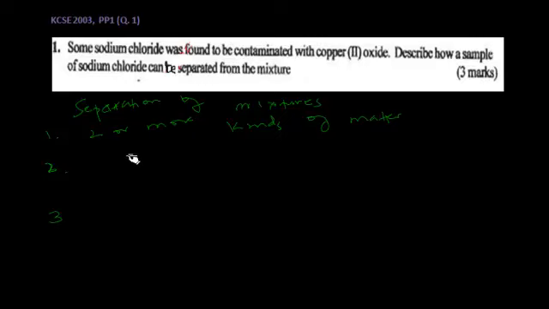Now the second thing you have to know is the variety of mixtures that can be found. We have quite a number of them, so we'll just give a broad classification. We can have liquid-liquid, whereby you have a liquid that is mixed with another liquid.